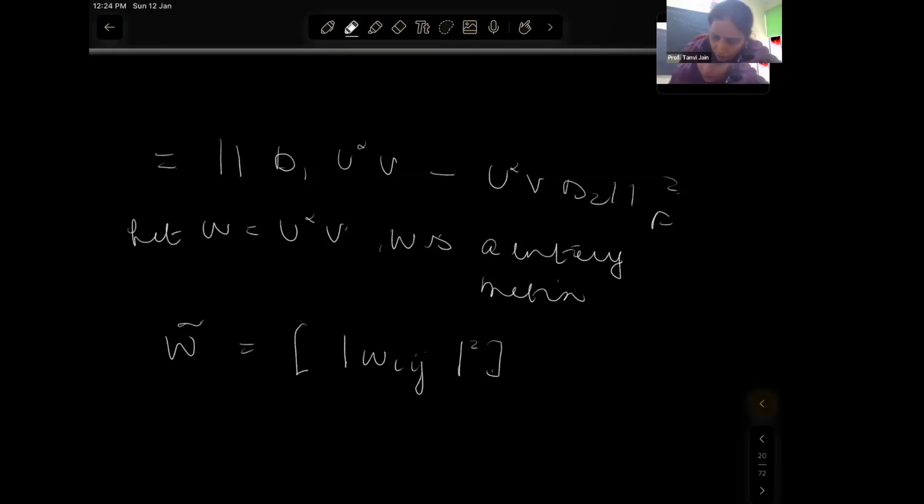What is the summation of mod Wij square over i, and the summation of mod Wij square over j? For a unitary matrix, all the rows and all the columns are unit vectors, so both of them are equal to 1. So my W tilde is a doubly stochastic matrix.